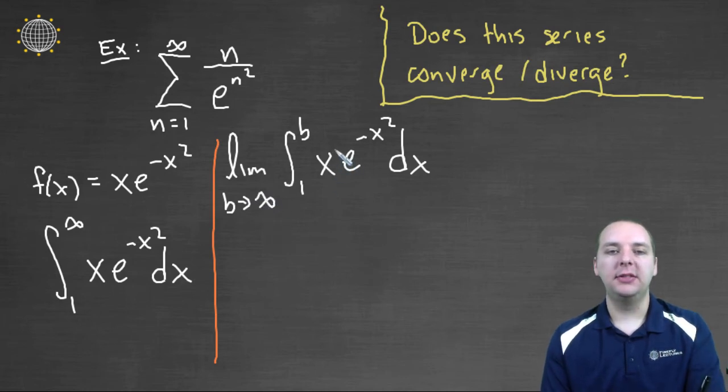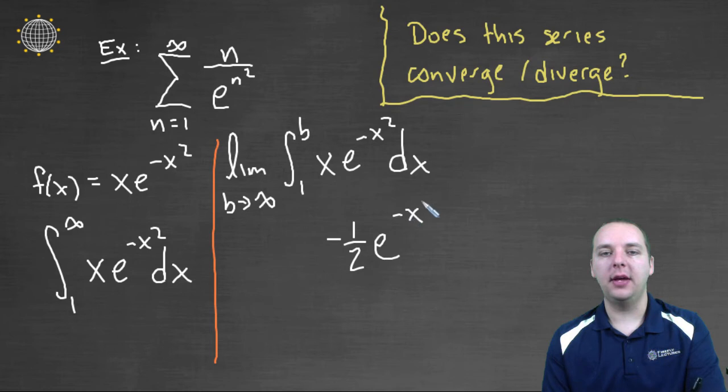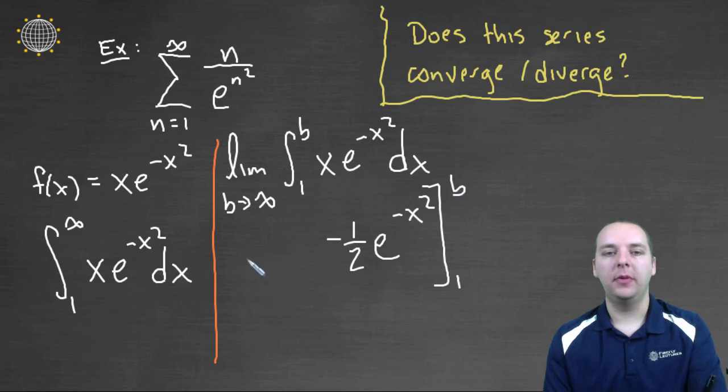Just to save a little time, I think you can compute this integration. It's not too terribly tough. You get negative 1/2 e to the negative x squared. You're welcome to check my algebra on that. Bracket from 1 to b, with the limit as b goes to infinity.